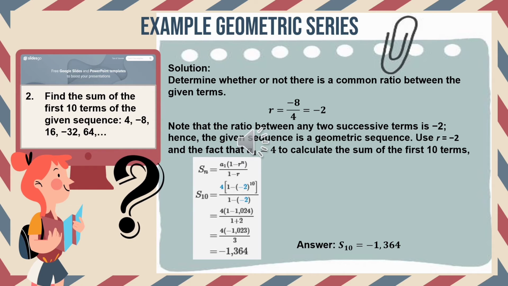S sub 10 is 4 times [1 minus (minus 2) to the power of 10] all over 1 minus (minus 2), which is 4 times (1 minus 1024) all over 1 plus 2, which is 4 times minus 1023 all over 3, which is minus 1364.